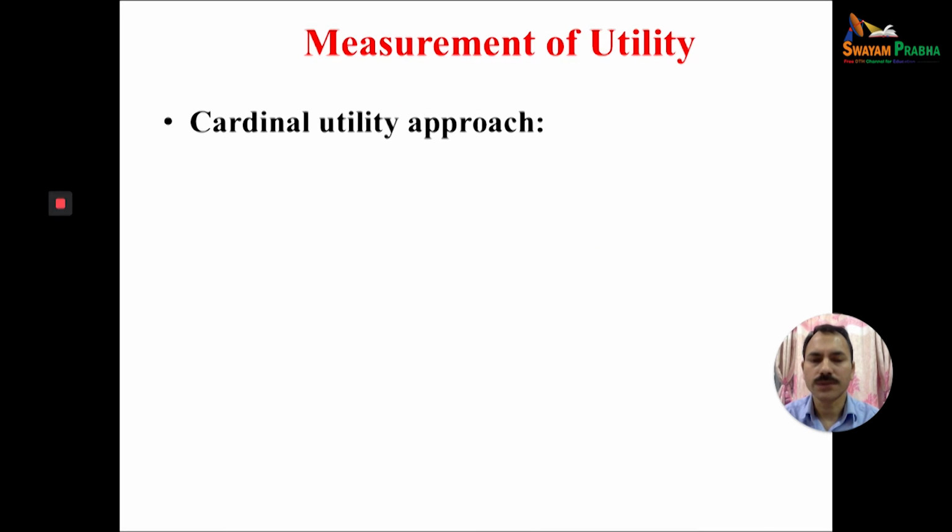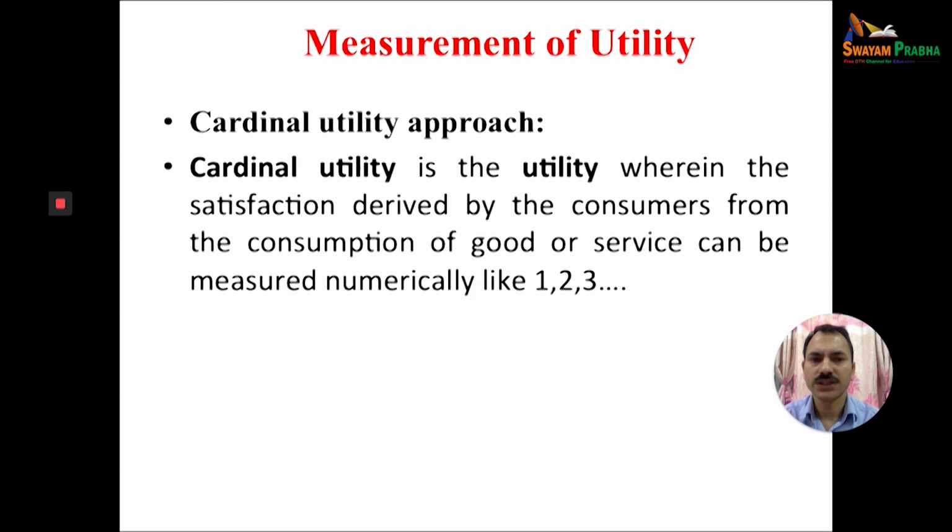The cardinal utility approach is the approach wherein the satisfaction derived by the consumer from the consumption of goods or services can be measured numerically. When the satisfaction can be measured numerically, like 1, 2, 3, it is called cardinal utility.